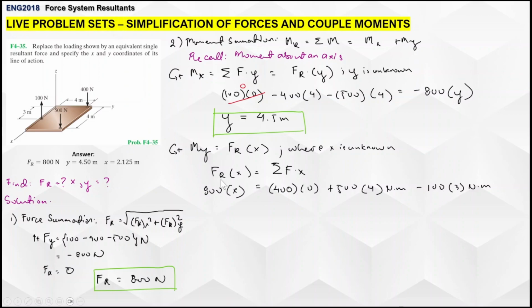And then 500 is counterclockwise, that's 500 times 4, equals 800 times x. Solve it algebraically again. Your x should be around 2.125 meters.